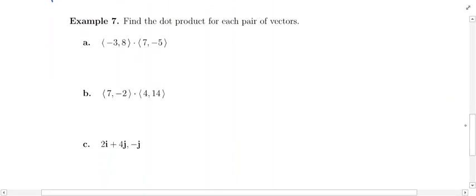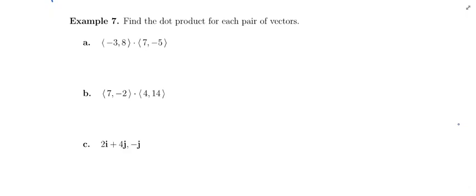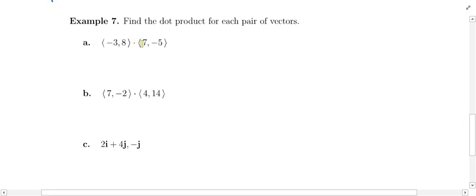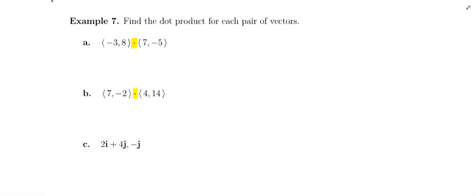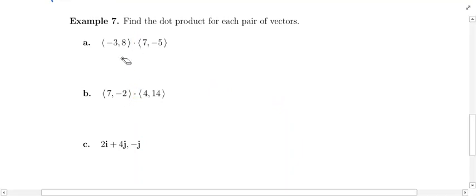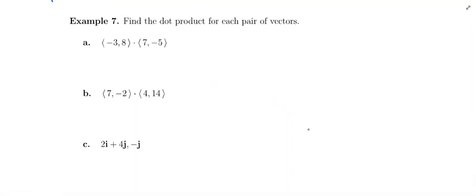In example 7, we have a few pairs of vectors that we will find the dot product for. The directions say find the dot product for each pair of vectors. Again, in parts A and B, you have two vectors and there's a dot in the middle. That indicates that you need to find the dot product. Let's start with example A. The first vector is negative 3, 8, and the second vector is 7, negative 5.